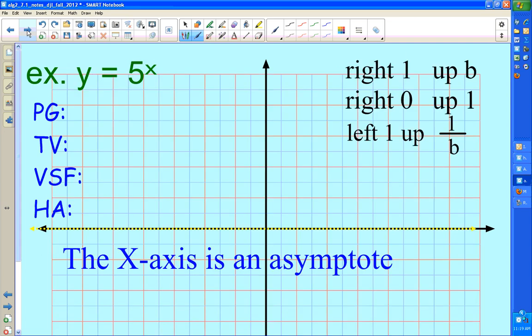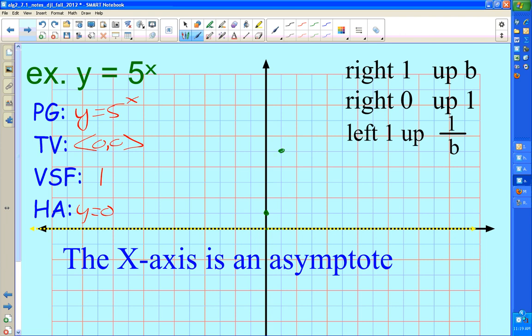Y equals 5 to the x, also a parent graph. So nothing mysterious here, no translating, no vertical stretch, and the horizontal asymptote again is at y equals 0. Your critical points always go through 0, 1: right 0, up 1, right 1, up whatever your base is.